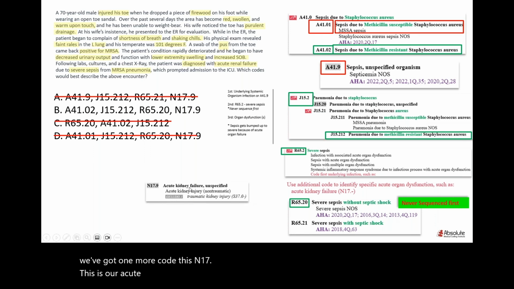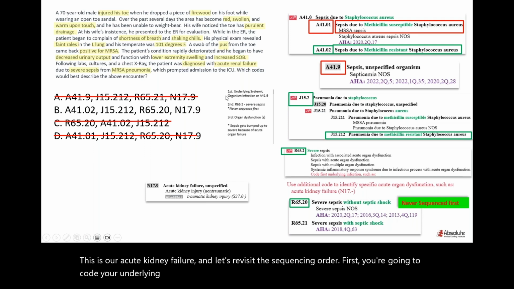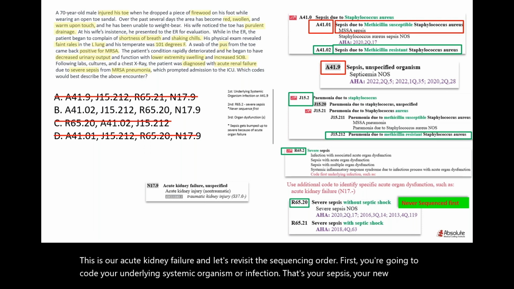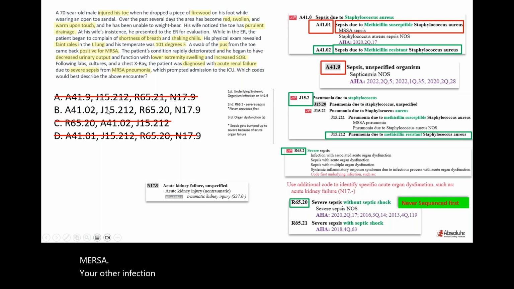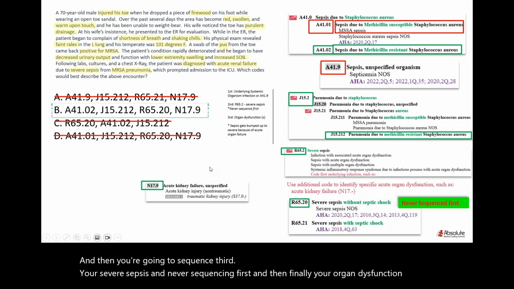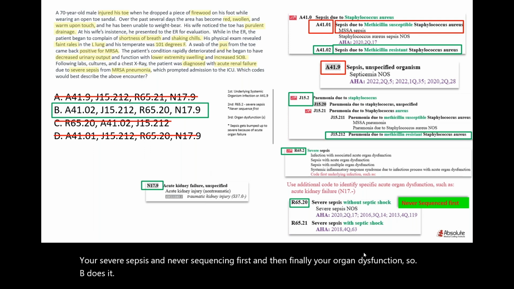This is our acute kidney failure. And let's revisit the sequencing order. First, you're going to code your underlying systemic organism or infection. That's your sepsis, your sepsis due to MRSA. Your other infection is pneumonia due to Staphylococcus. And then you're going to sequence third, your severe sepsis, and never sequencing first. And then finally, your organ dysfunction. So B does it. And they did it all.